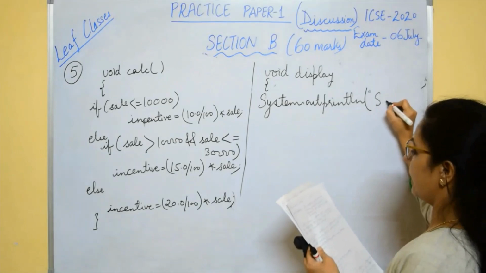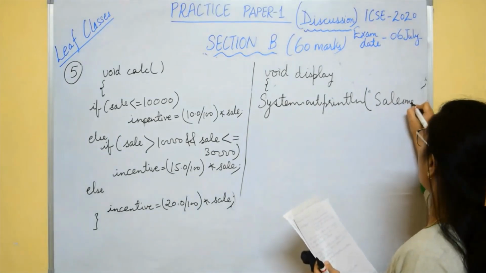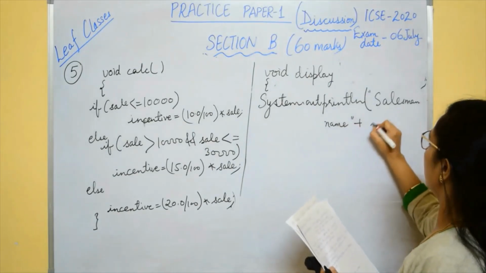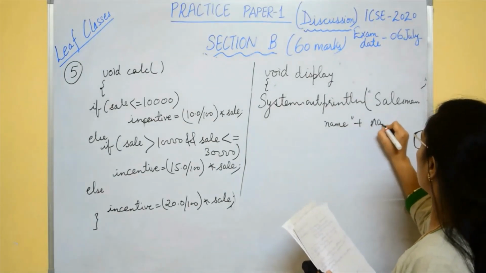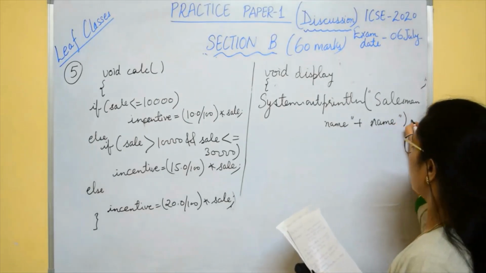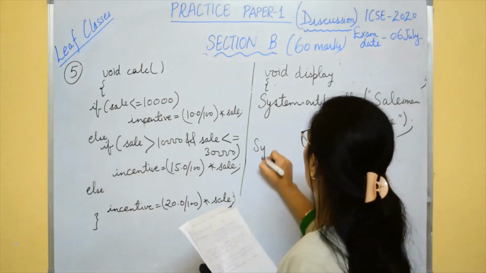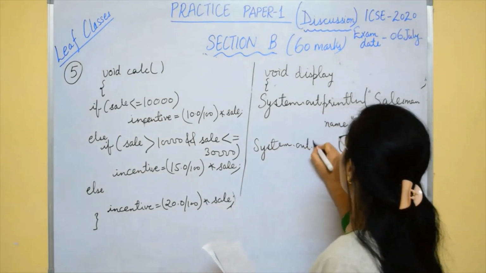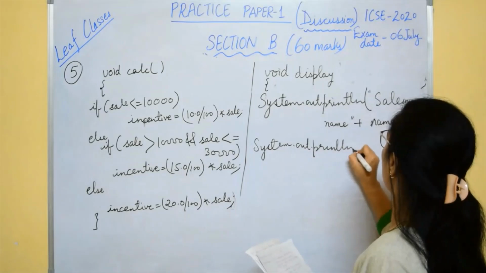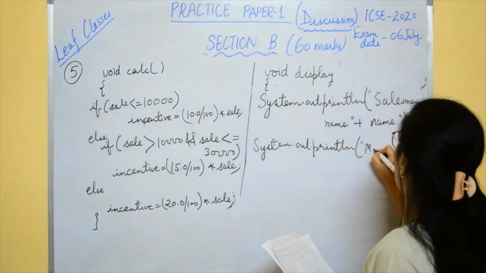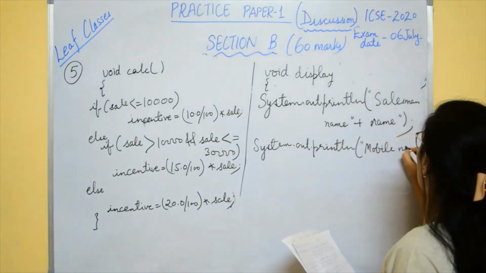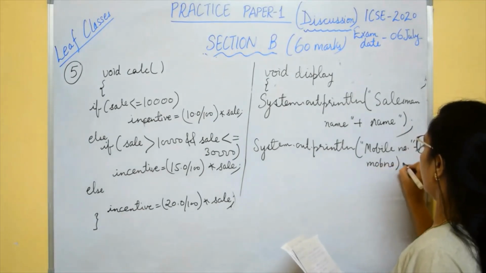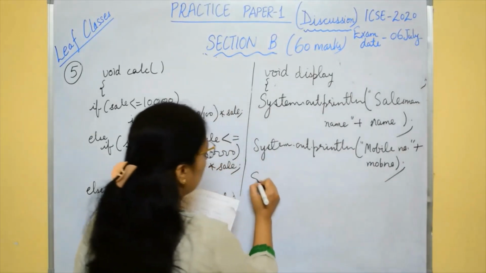So first is salesman name plus name variable we took. Then second is you have to print the mobile number, System.out.println mobile number. The variable which you took for mobile number is MOBNO. The same variable name you have to use here.